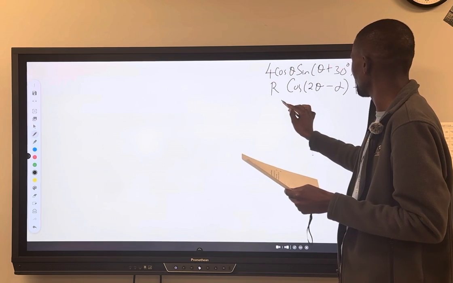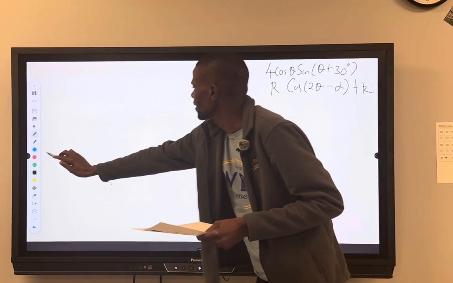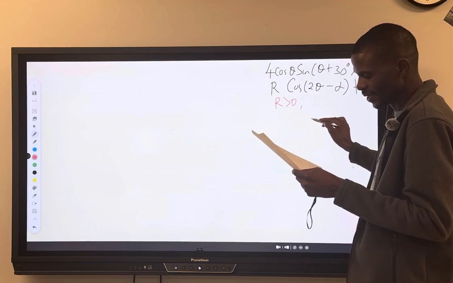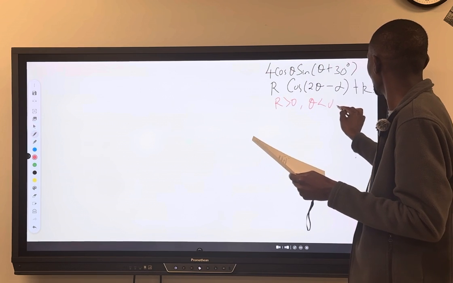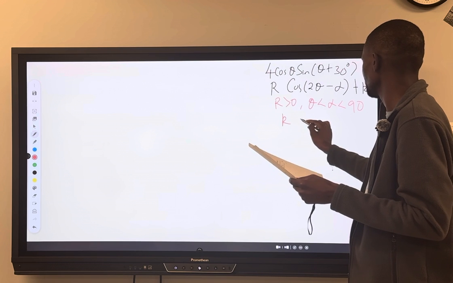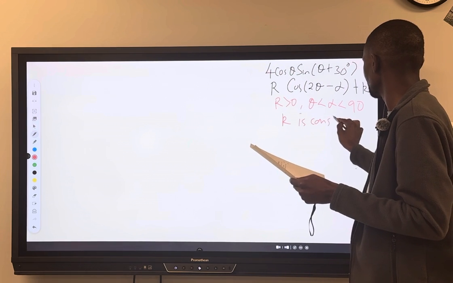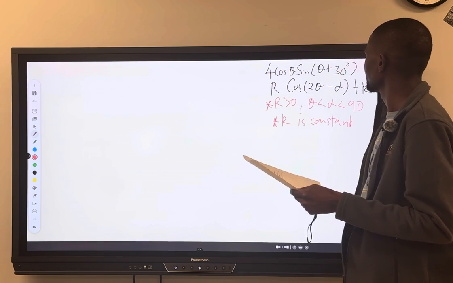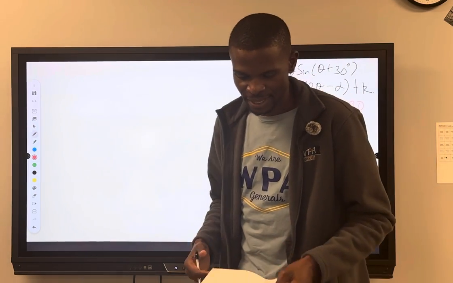And we are told that r is positive, alpha lies within that range, and k is a constant, right? That's the given information, which is going to help us determine that.